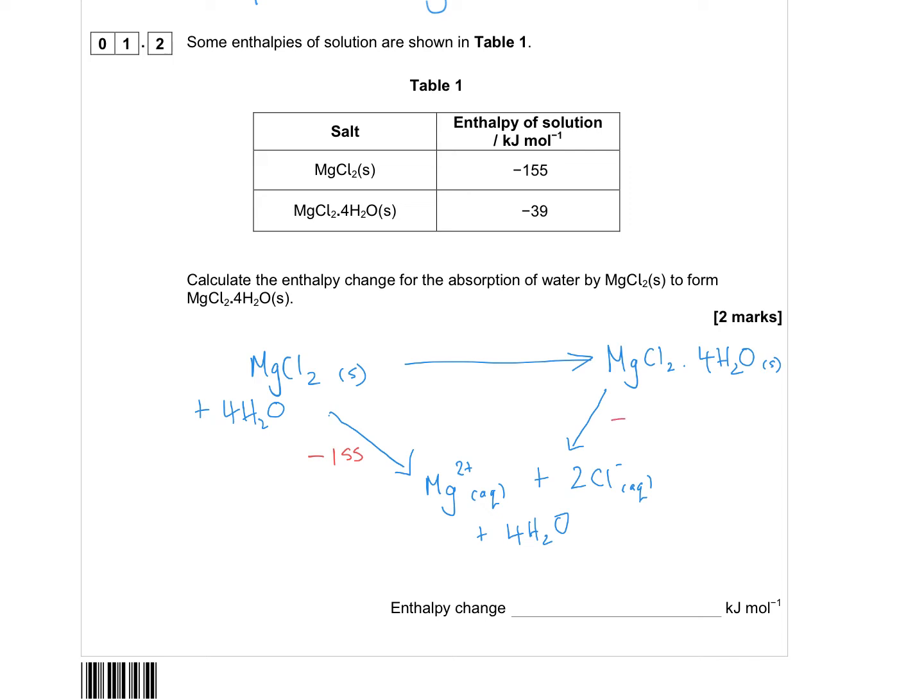To go from the hydrated salt is -39, and then if we look at the alternative route around the cycle rather than going the direct route, the indirect route, we can see we're going in the same direction as the -155 but in the opposite direction to the -39, which means it's going to be -155 minus -39, so plus 39. That's going to give us a final answer of -116 kilojoules per mole.